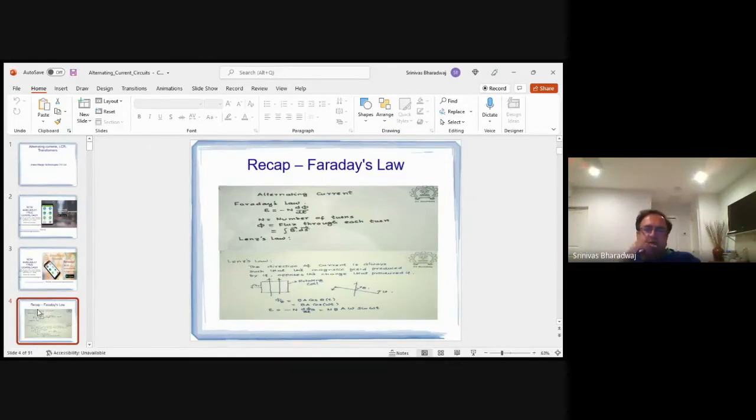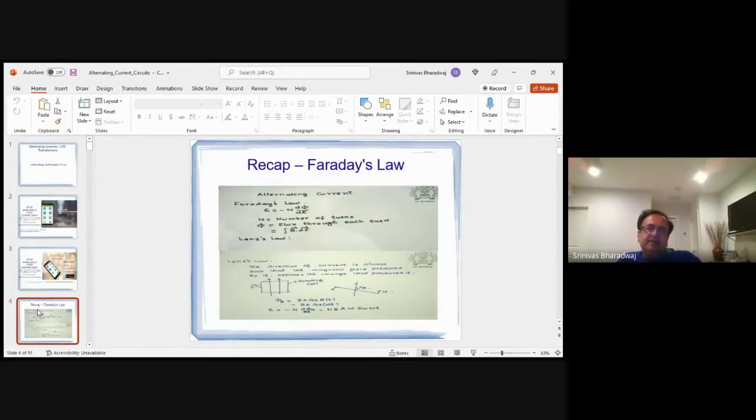Between the direct current circuits, that is DC circuits, where there is a constant battery with a fixed voltage, the other form of current is what is called AC.